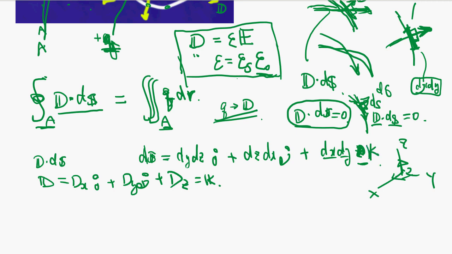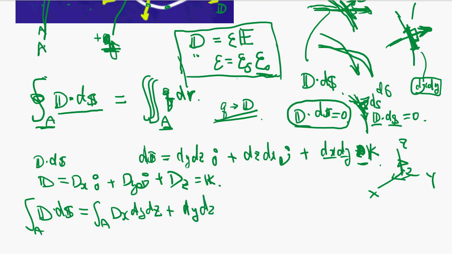Yeah, in the convention. So the inner product D dot dS is going to be the surface integral of Dx dy dz plus Dy dz dx plus Dz dx dy.